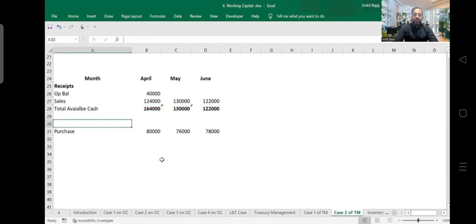Then here I have to write down payments. First I have written purchases.